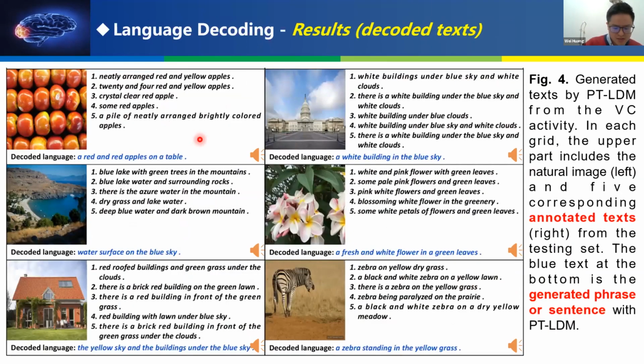This is the text result in the picture. The picture contains the natural image and five texts from annotators. At the bottom, the blue sentence is the text decoded from fMRI activity.